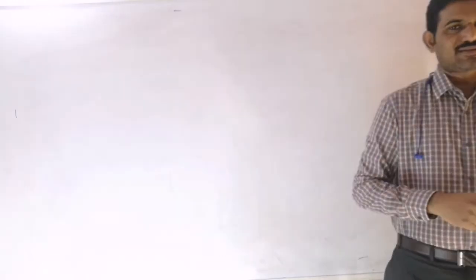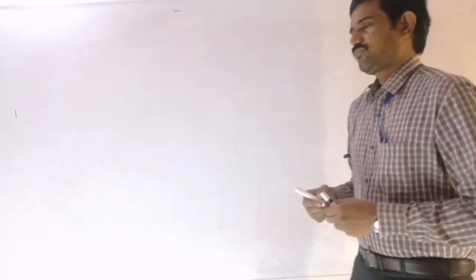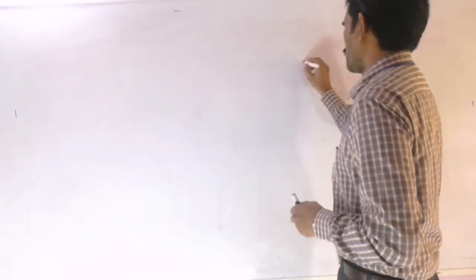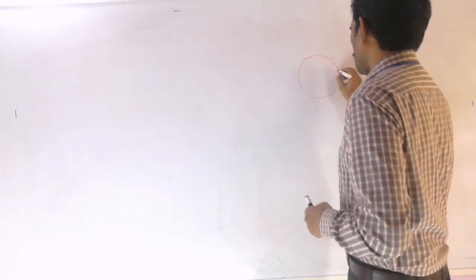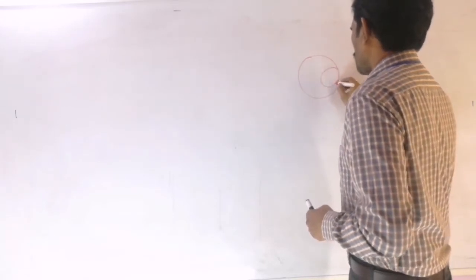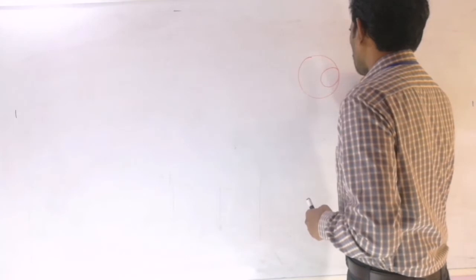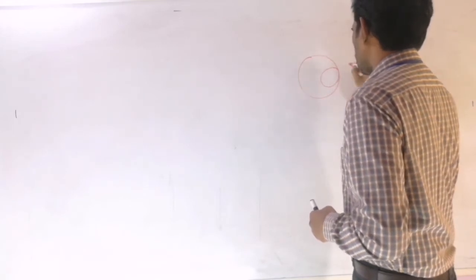In first year we discussed some problems like finding the gravitational force due to an object like this. Here, a sphere is there with a cavity, and a point mass is there, right?